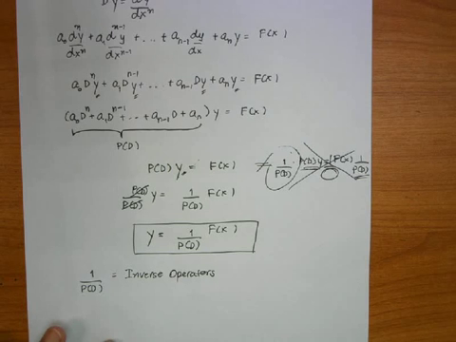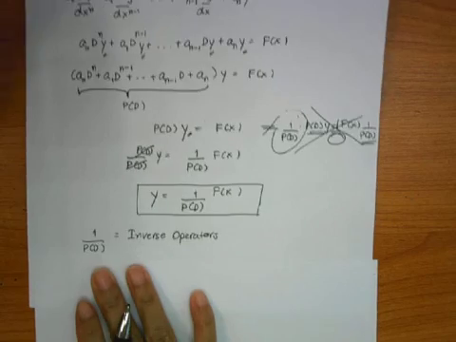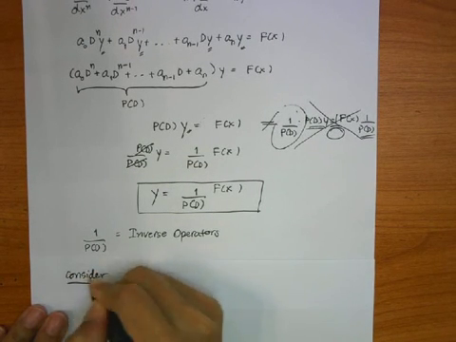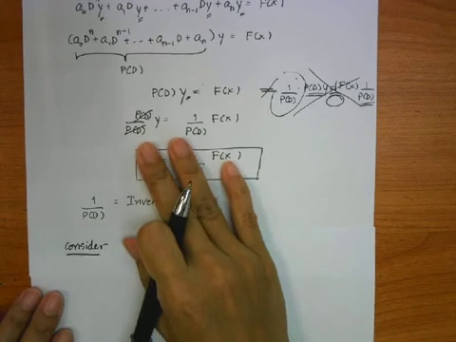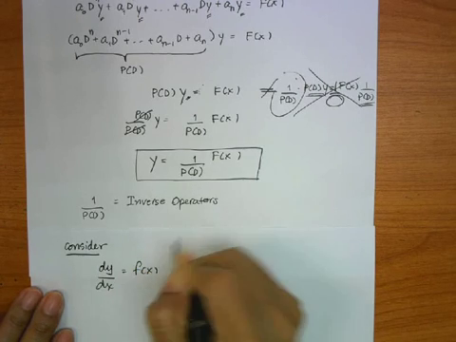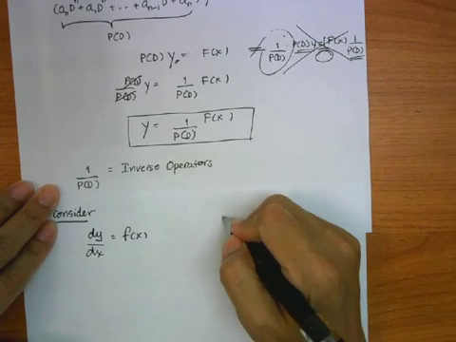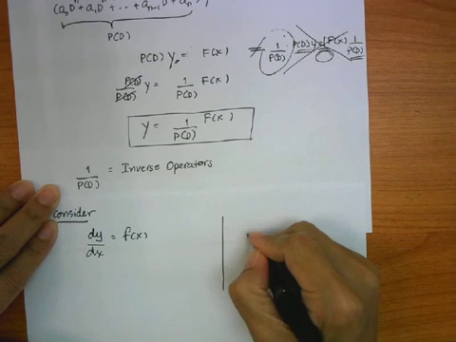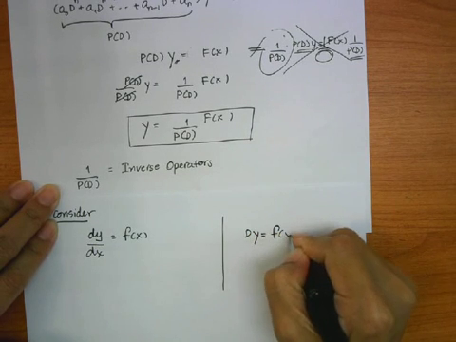Now, consider the function. If I have dy by dx equal to f(x), and I want to write it in terms of operator D, I would get Dy equals f(x).